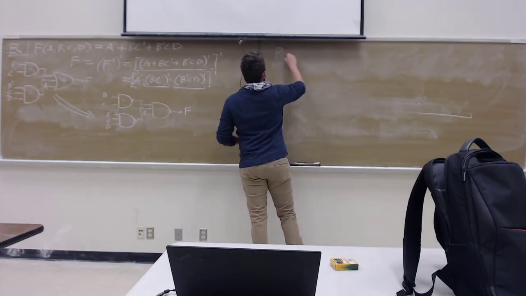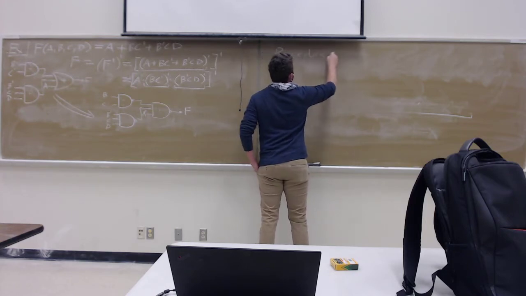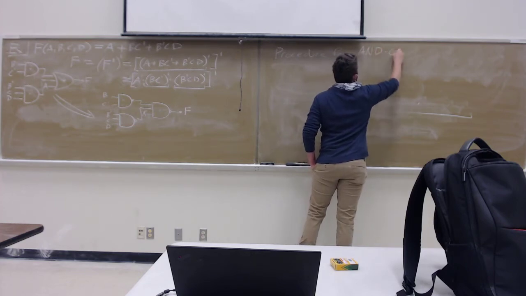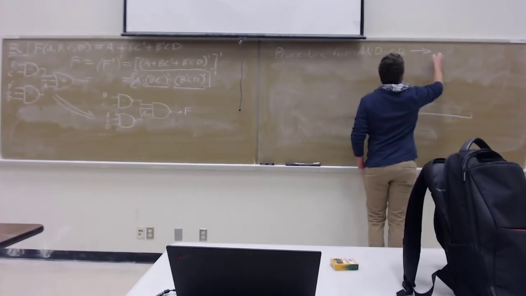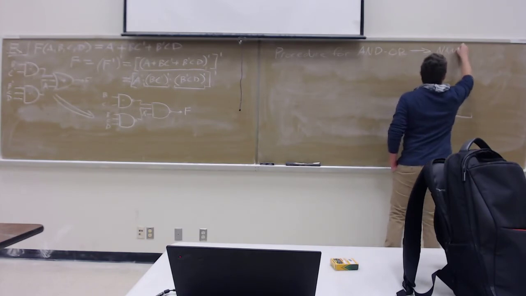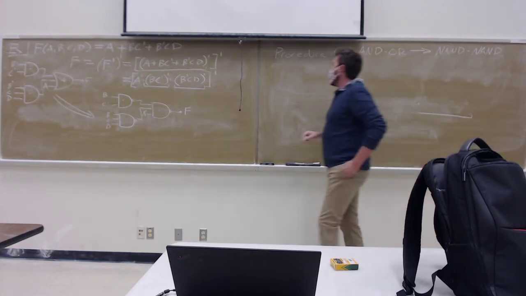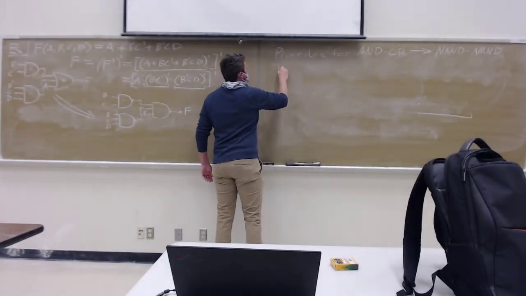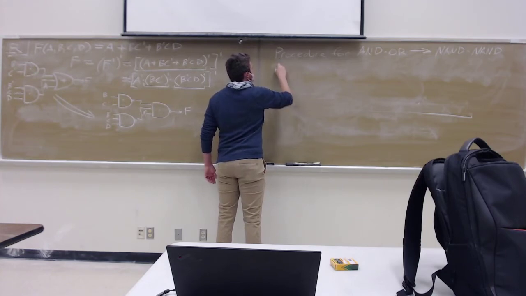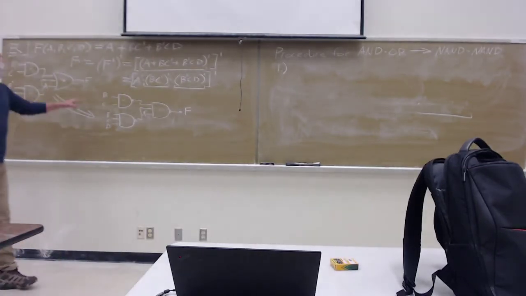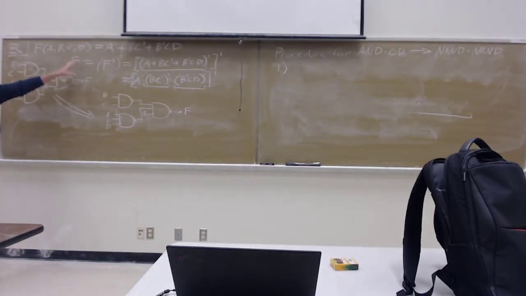We'll call this procedure for taking an AND-OR and converting it to a NAND. So let's see. The first thing that happened was, to get a NAND circuit, we have to start with an AND-OR, right? Otherwise it won't work. And we'll see why when we do the other example.